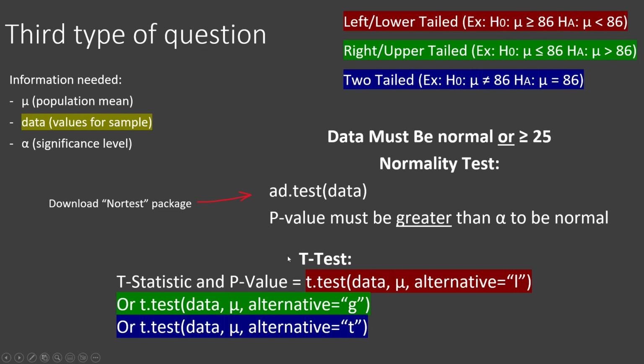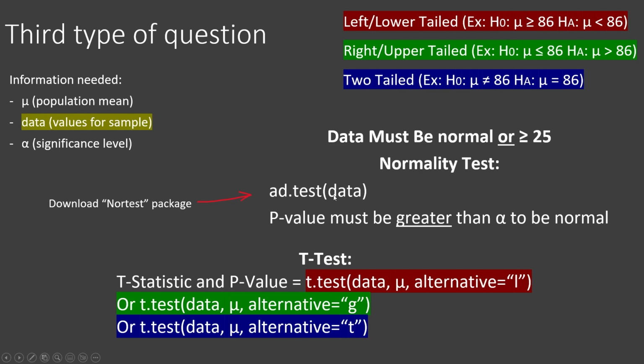So before you even use the t-test for data, you first got to check to see if it's normal or n is greater than or equal to 25, all right? If it isn't, then you should not use the t-test. And so to test this, you first download the nortest package, and then you just do ad.test of your data.